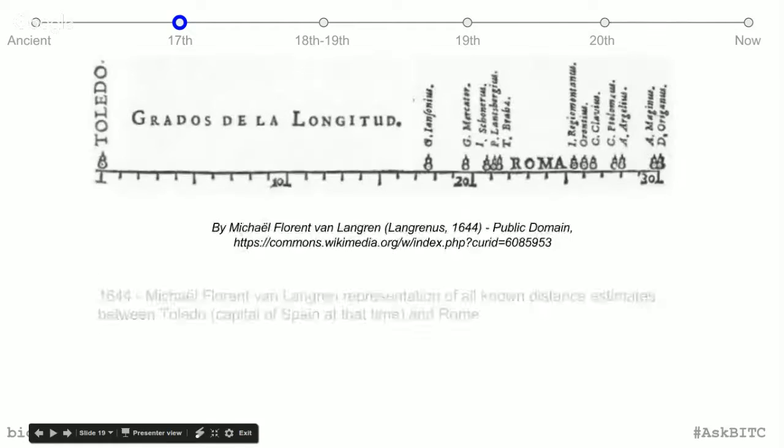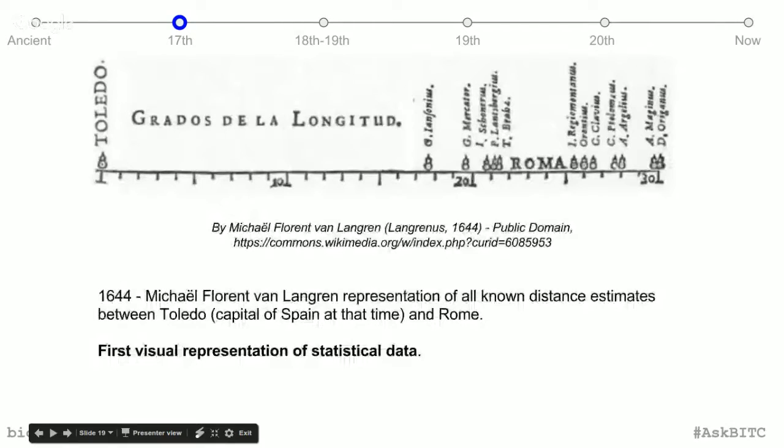A noteworthy example of visualization, which is considered to be the first visual representation of statistical data, came from the hand of Michael Florent van Langren, who was a Flemish astronomer to the court of Spain. At that time, the lack of reliable means to determine long distances was a real problem for navigation and for exploration.